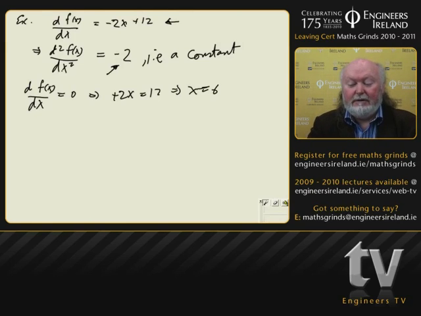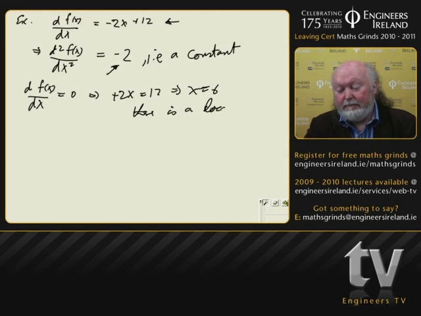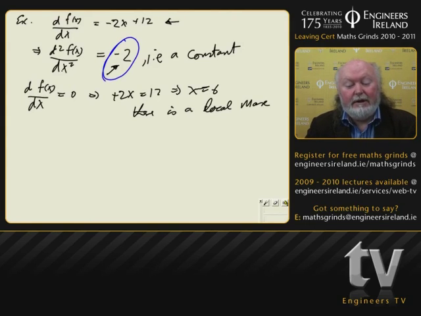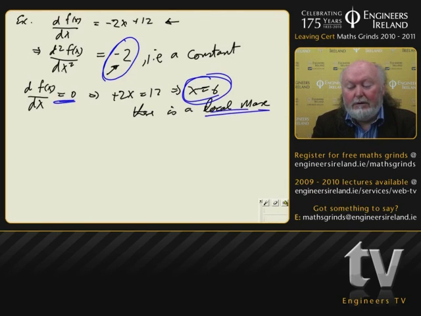When x is 6, we're saying there is a max. We know that because at all places in the f of x curve, the d2 dx squared of it has a minus 2. Therefore, having found a location where the slope was 0, that must be a local max.